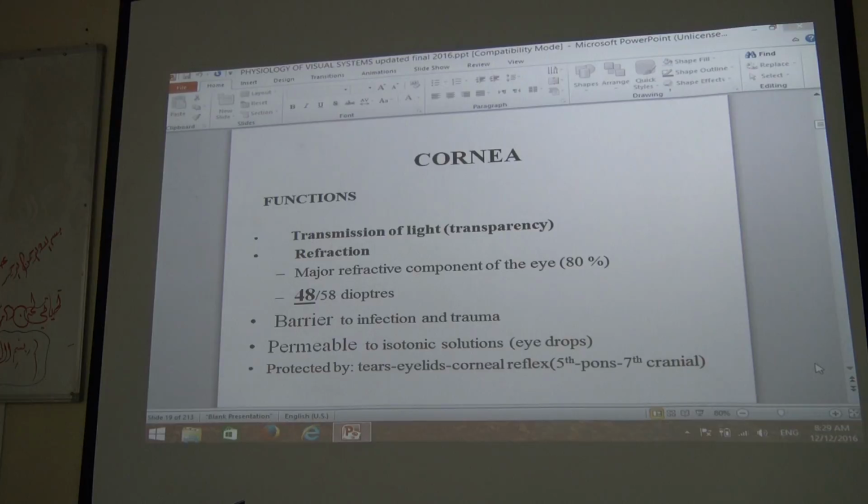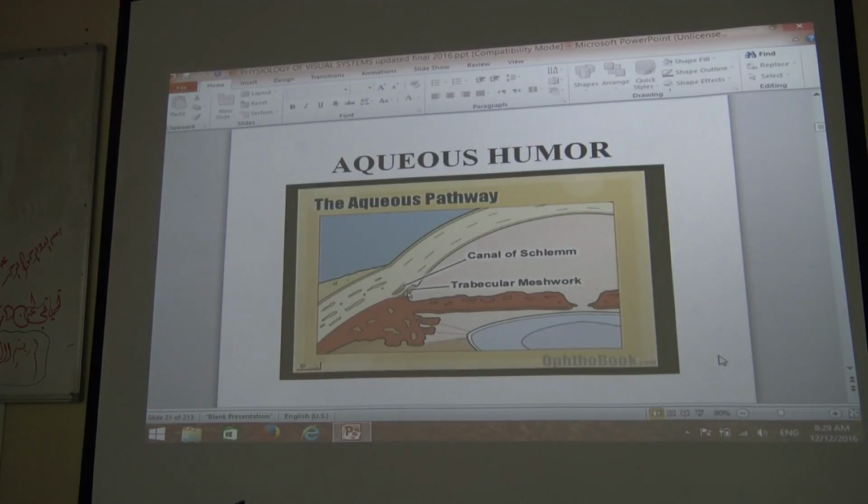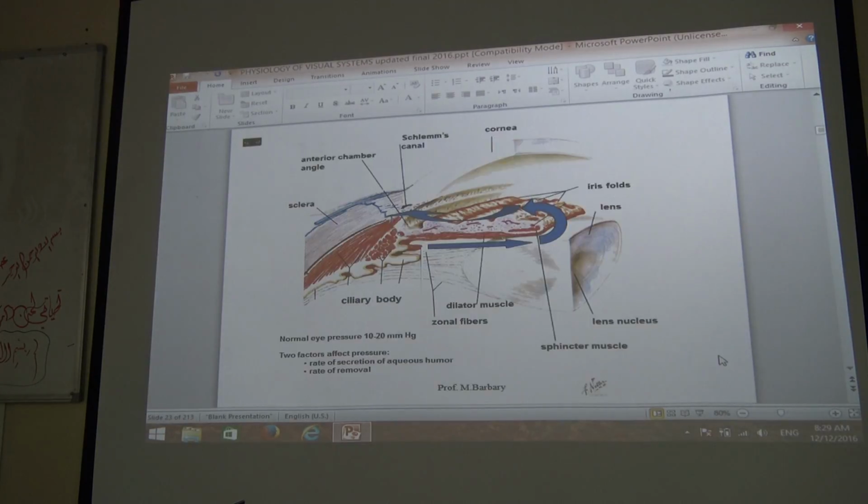Okay? Aqueous humor, we mentioned there is another topic related to aqueous humor, we'll discuss it. So we will skip this aqueous humor now and go to the lens.